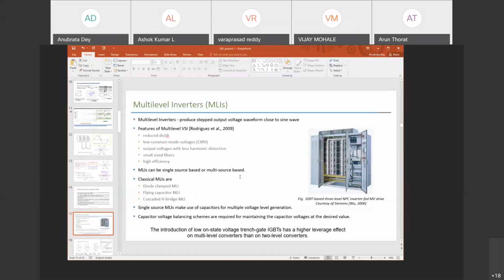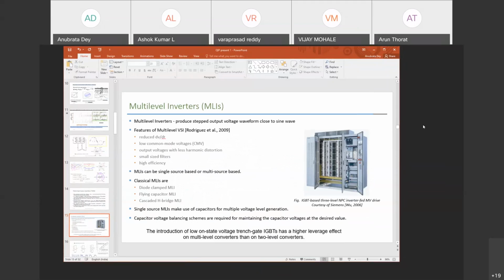Okay, so now let us come to the basics of multi-level inverters. This is much talked about in recent times. A lot of research is going on in this particular topic and different aspects of it: how to improve the efficiency, how to improve the different control functionalities, how to make it more optimized so that you can get the best out of it.